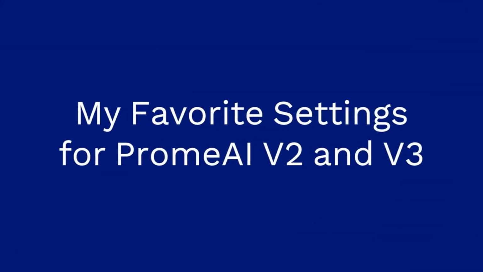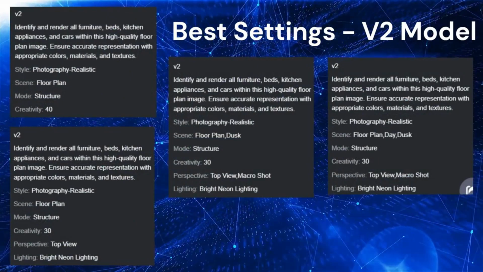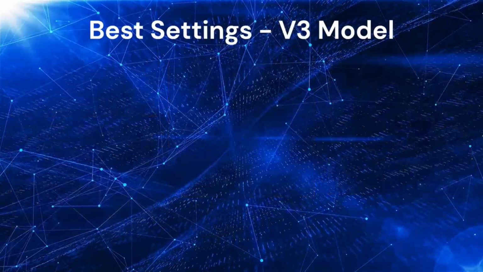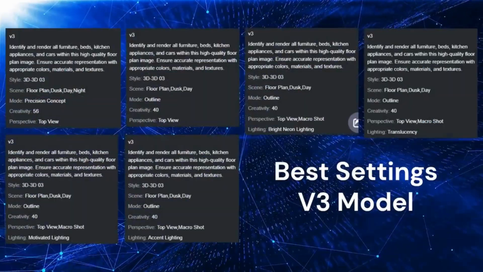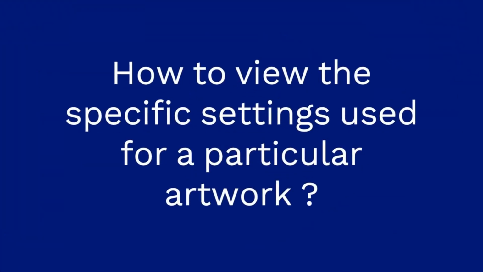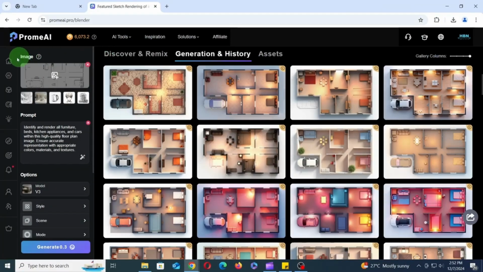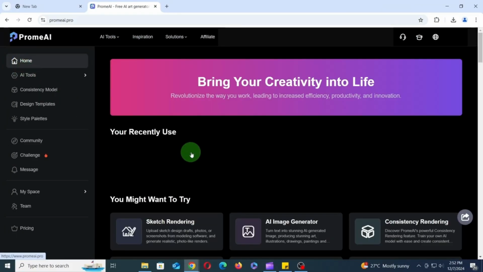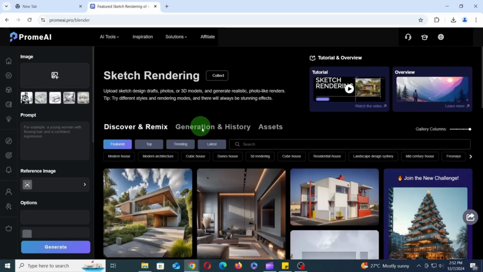My favorite settings for PromeAI V2 and V3. Here are my favorite settings for each PromeAI version that have consistently produced impressive results. To view the specific settings used for a particular artwork, go to the home screen, select the tool you used, for example, sketch rendering.